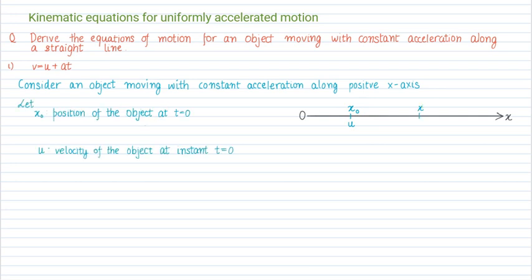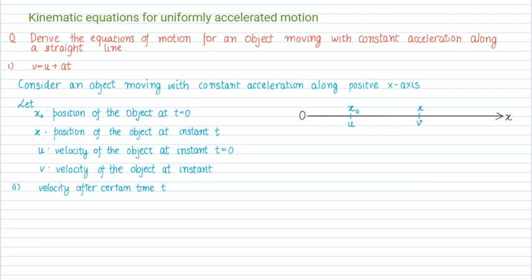Now consider after some time the object has changed its position and reached this point x, and let us say at time t. At this point the object is moving with the velocity small v. So now we will derive the velocity of the object at any time t.